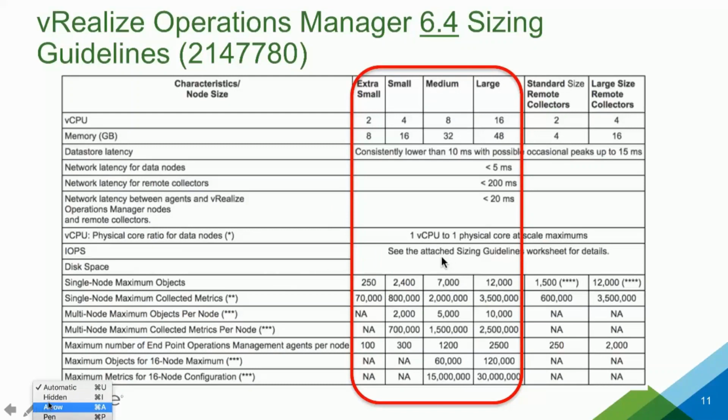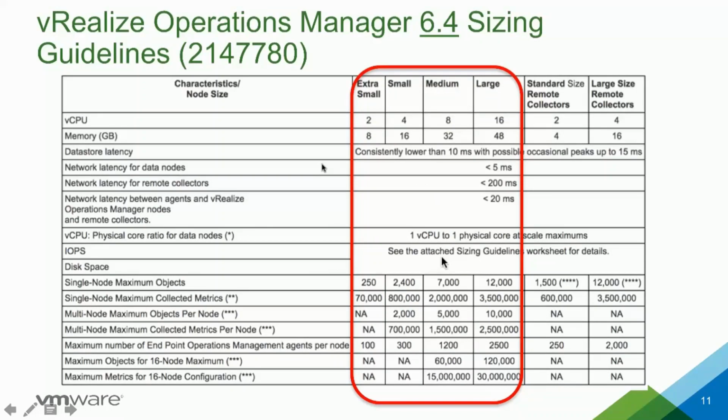So for an extra small environment, you see that we're going to have 2 vCPUs, 8 gigabytes of memory, and it will configure those by default. But it also says, what do you need for data store latency? What do you need for network latency? What do you need for those different pieces? As well as down in this bottom section here, it will talk about what the maximums are that you could have.